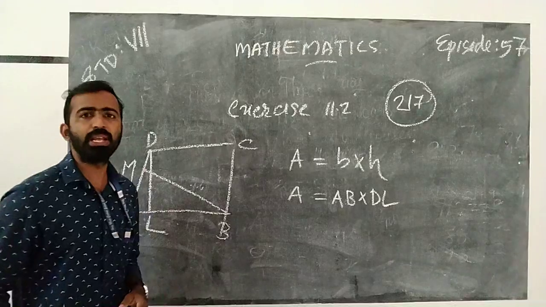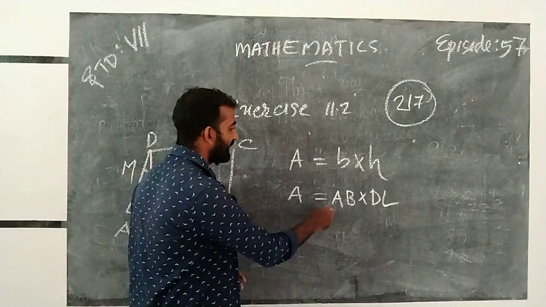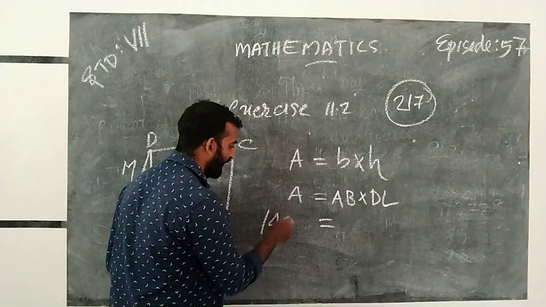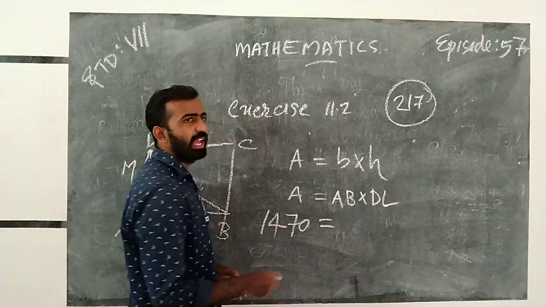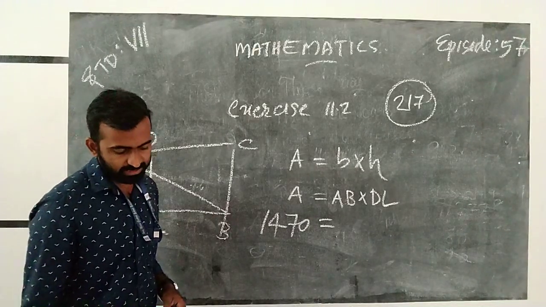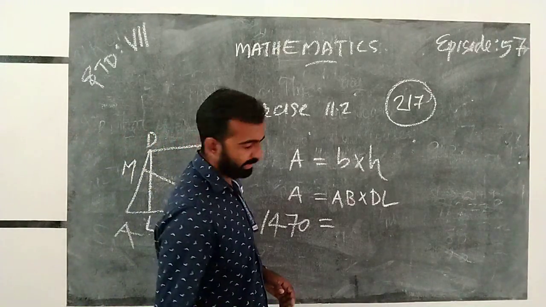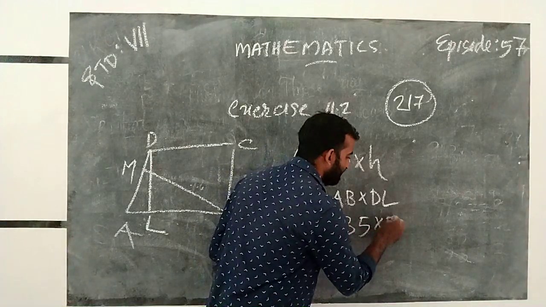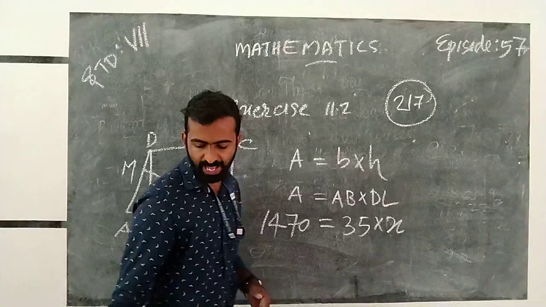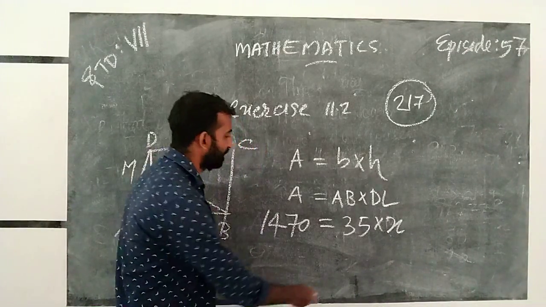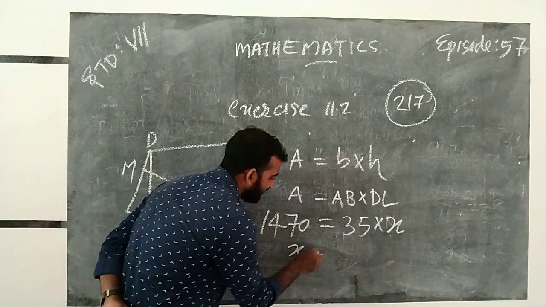Here the area is 1470 equals AB, which is 35 according to the question, into DL. We don't know DL, so we put it as X, and then we get X equals 1470 by 35.